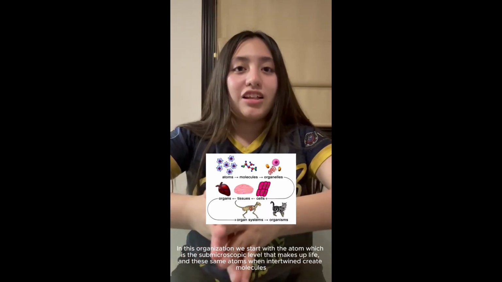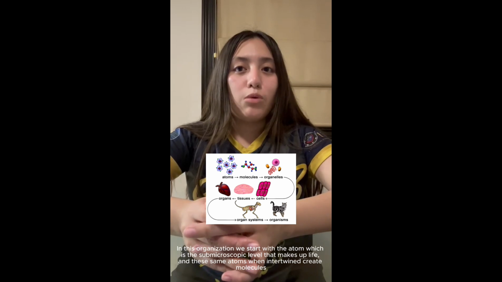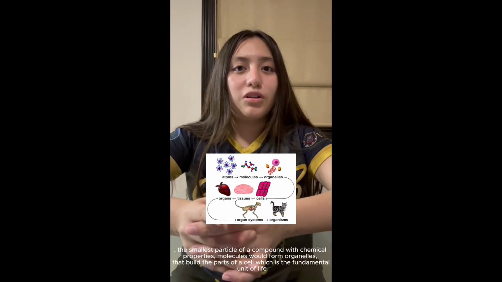All bodily functions perform a task simultaneously, and the organization of the parts of the organism is really important to understand how an organism works, and the level of each of its components, from the smallest to the largest. In this organization, we start with the atom, which is the submicroscopic level that makes up life, and these same atoms, when intertwined, create molecules, the smallest particle of a compound with chemical properties.